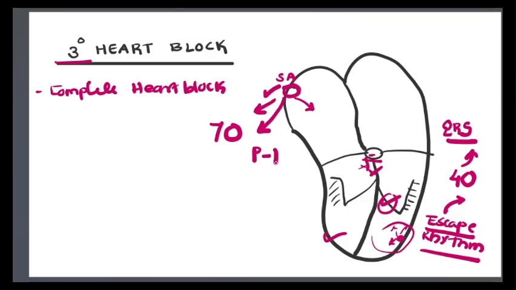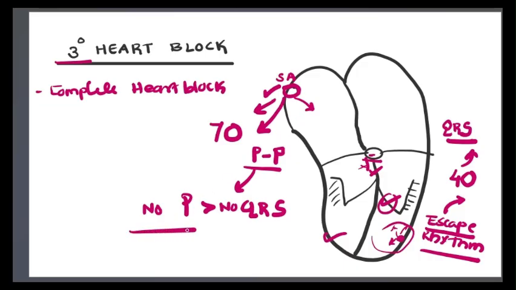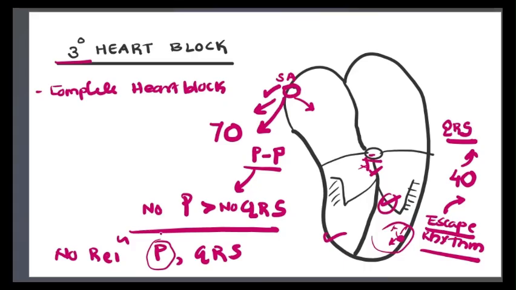So the P wave is going to be regular. But the number of P waves would be more than the number of QRS complexes, because the ventricles beat at a rate lesser than the atrial rate. But there is no relation between P and QRS, because the P wave is due to the SA node.